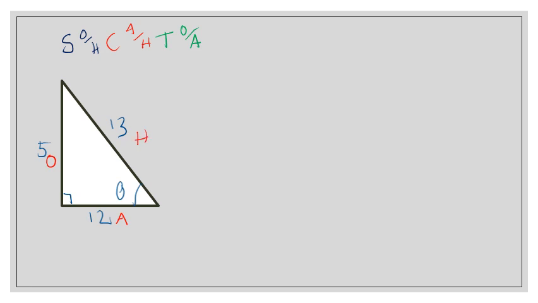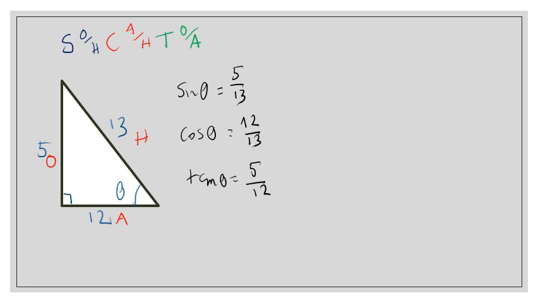So what I can do now is say sine of my angle is my opposite over my hypotenuse. Cos of my angle is my adjacent, so 12 over my hypotenuse, and my tan of my angle is my opposite over my adjacent.